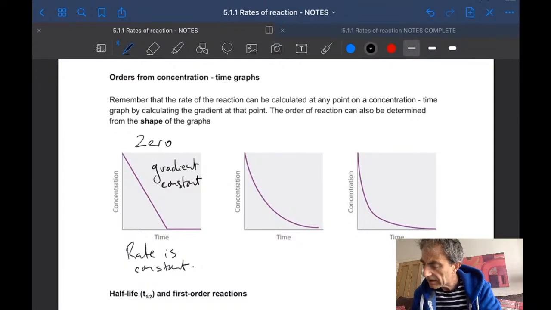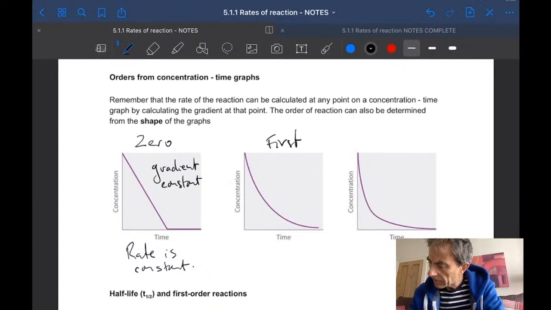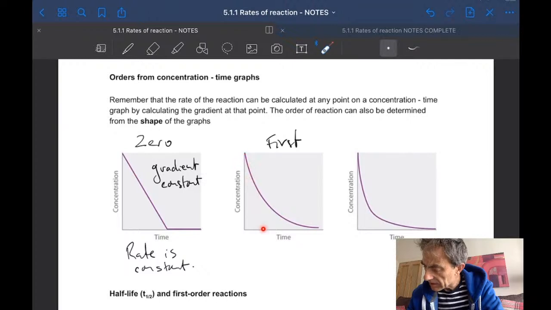Okay, so the next one is a first order reaction. We're going to do a bit more on first order reactions in the second half of this page. If you notice for this graph, the rate is changing because the slope of the tangent is changing.